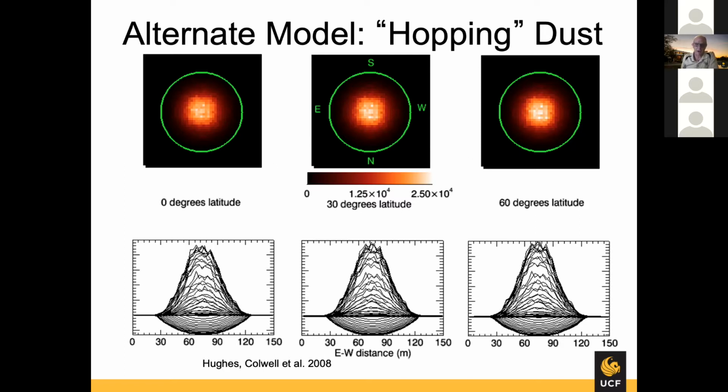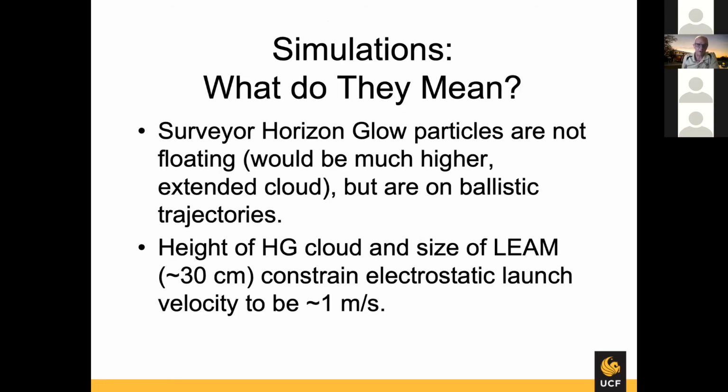It just requires a terminator field, which you have near a crater because it's casting a shadow, and electrostatic launching of the particle off the surface, but not necessarily levitation. So then we come back to the moon, the object of our interest, and those original Surveyor horizon glow images. So those particles are not floating.